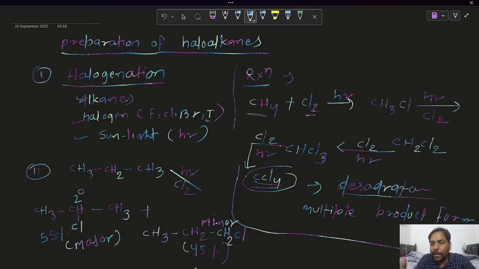You get methyl chloride along with chloroform, along with tetrachlorocarbon, along with dichloromethane, right? So what I'm telling you is that this is not the perfect method by which we can prepare haloalkanes, right? So we have multiple processes by which we can prepare haloalkanes. Let's discuss them one by one. And firstly, we have to discuss the mechanism of it, right?